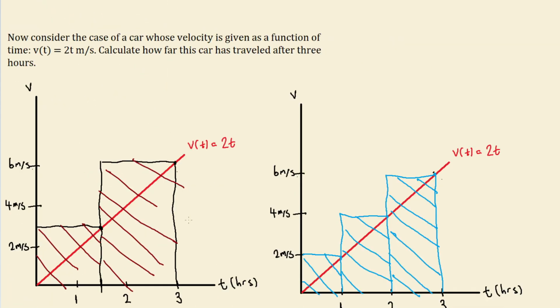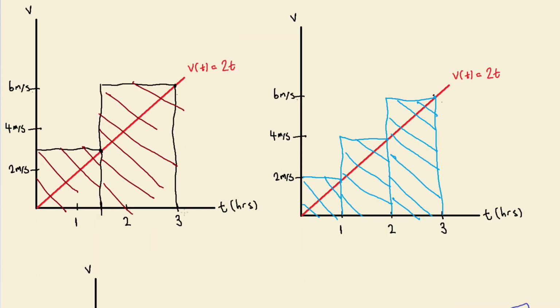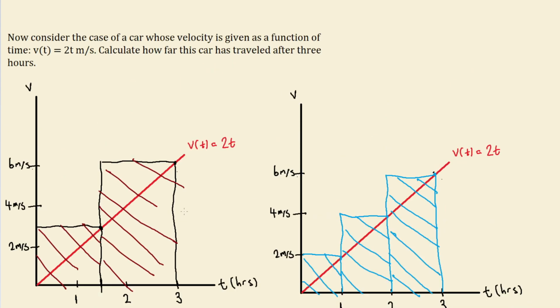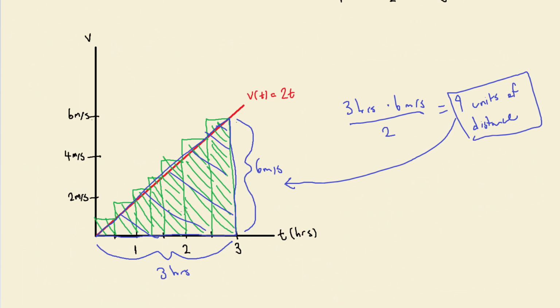Then we changed it so that the velocity of the car was changing, and we tried to figure out how far the car had traveled over the course of that interval. What we found is that the distance the car had traveled was the area under the velocity as a function of time curve. So if you took the area under the curve of the car's velocity, you discovered the distance it traveled. This introduced us to the concept of why we might want to solve areas under different curves.